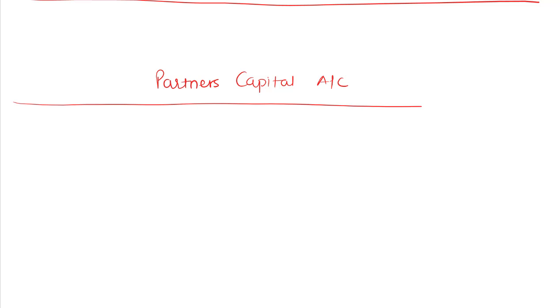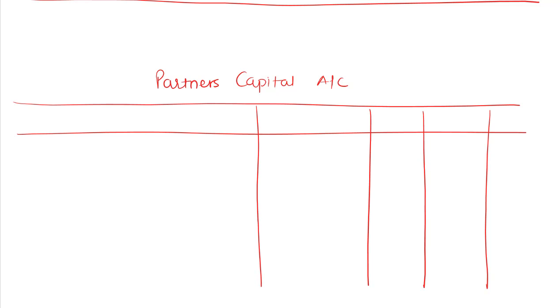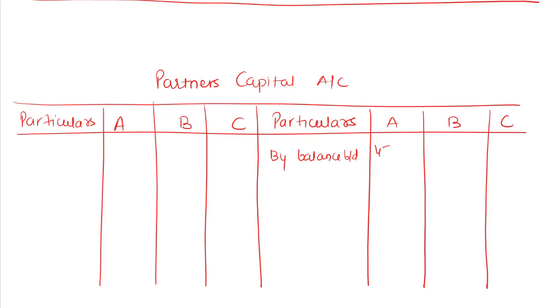Partners' capital accounts: A, B and C. By balance brought down 45,000, 45,000.